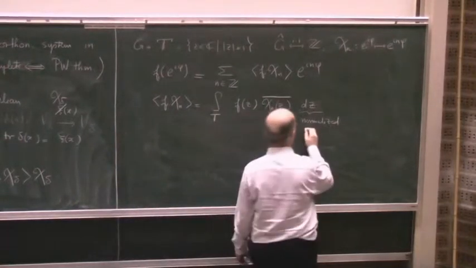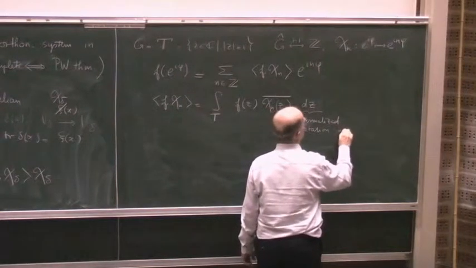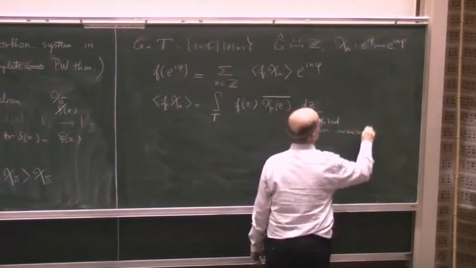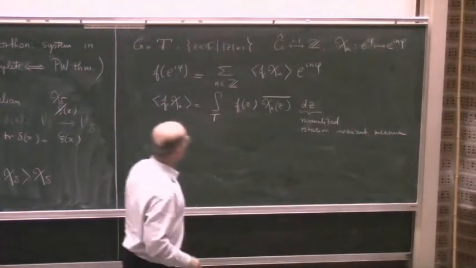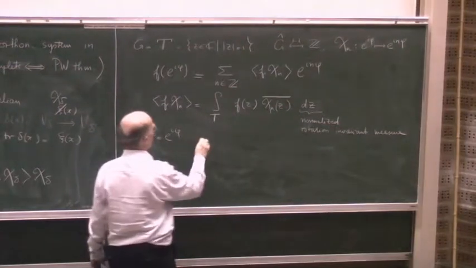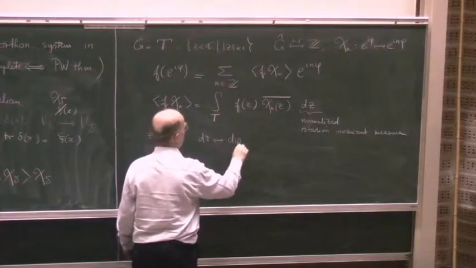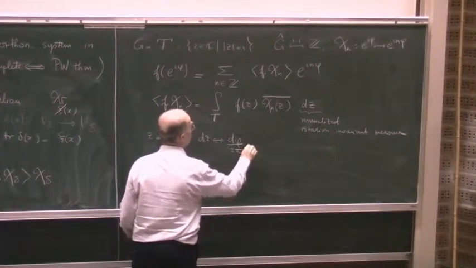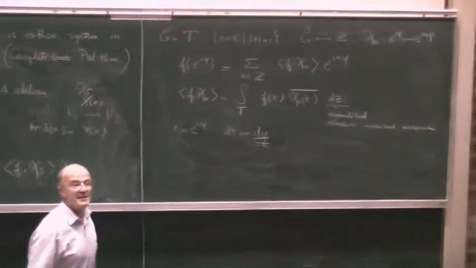So the normalized rotation invariant measure. So if we parameterize the circle by z equals e to the i phi, then dz is just the measure corresponding to d phi over 2 pi, the length of the unit circle, in order to get normalized Haar measure.